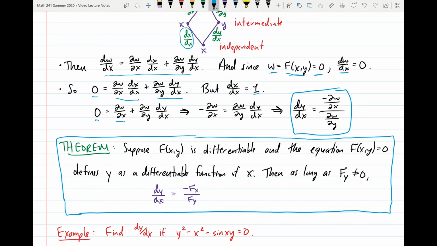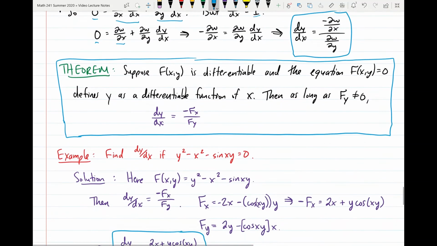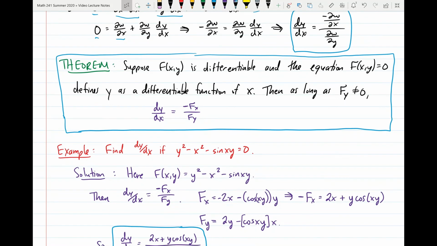And now once we get to this point, we can solve for dy/dx. And we find that dy/dx is equal to minus the partial derivative of w with respect to x divided by the partial derivative of w with respect to y. And I list that fact in the theorem here.